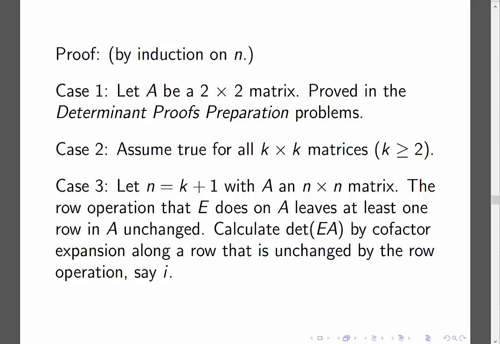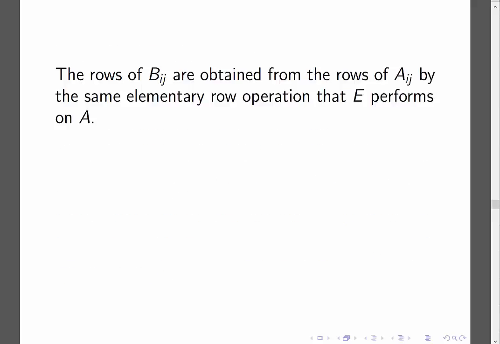So I'm going to say that the ith row was left unchanged, and we're going to do the cofactor expansion along that row. Recall that Bij is the cofactor when we cross out the ith row and the jth column. The rows of Bij are obtained from the rows of Aij by the exact same elementary row operation that E performs on A. Just to imagine an example, maybe it's a 4 by 4 matrix where I'm swapping row 1 and row 2.